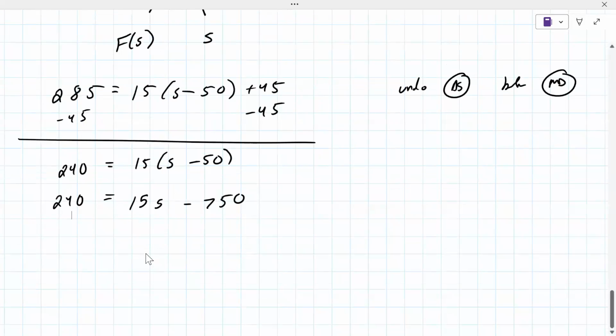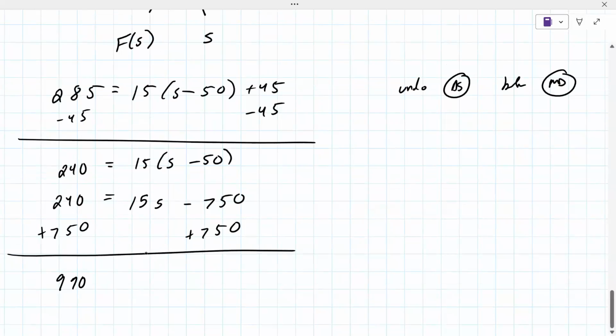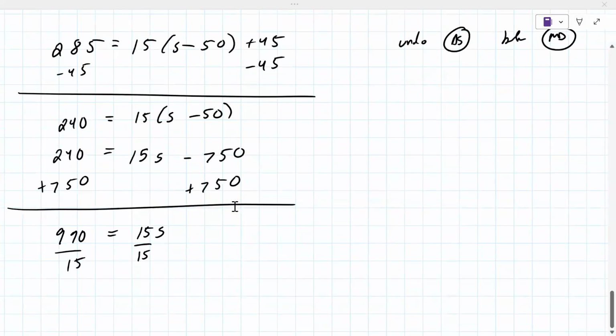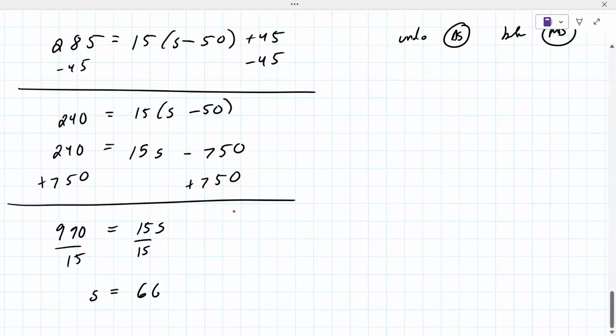And then from here, you add 750 to both sides. 240 plus 750 is 990, and that cancels the minus 750. Then you divide by 15, and so you end up getting s equals 66 as your final answer.